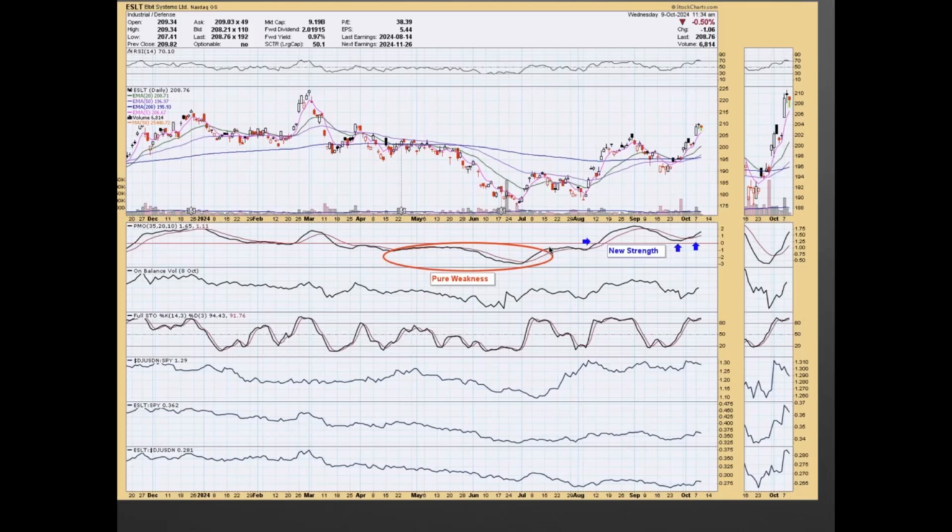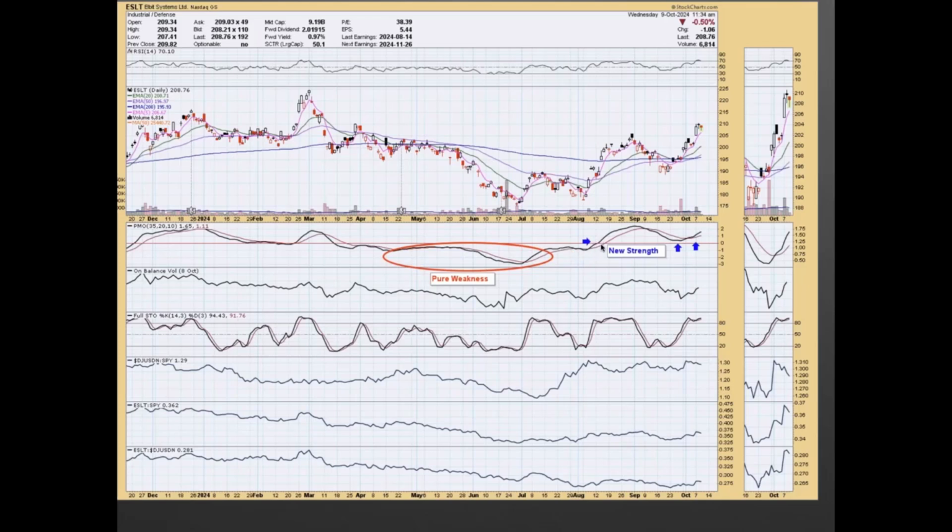You can see the PMO started to put some margin between it and its signal line. It did give us a signal that we were getting some new strength coming in, but then the PMO topped here beneath the zero line, and that told us it was kind of a fake out breakout, and we ended up with it moving lower.